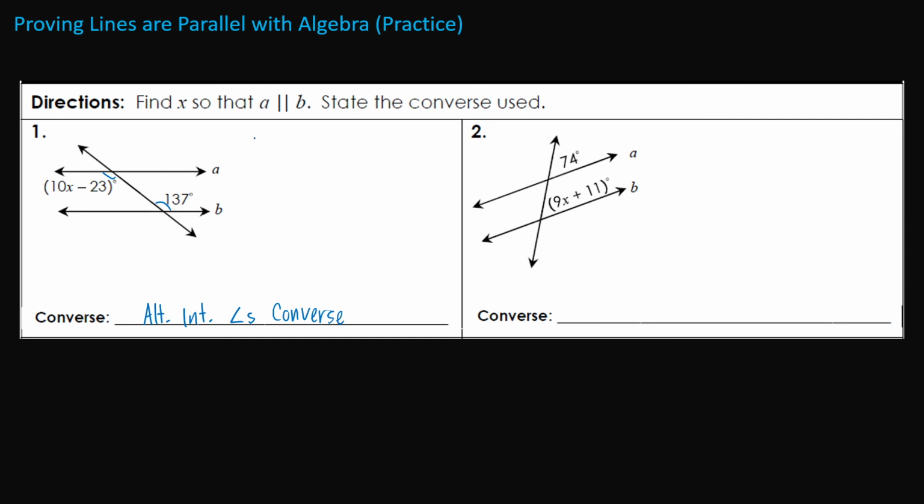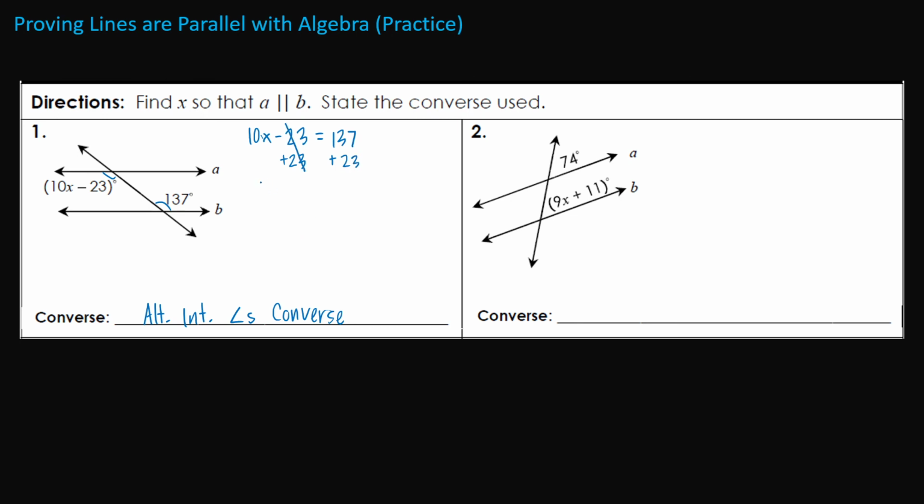And so we just need to find the value of x that makes these lines parallel. So I'm going to set up the equation 10x minus 23 is equal to 137 because I want the angles to have the same measure. So let's solve this equation. We're going to start by adding 23 to both sides.